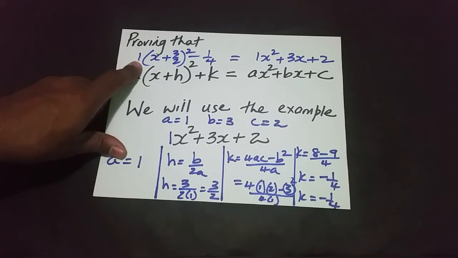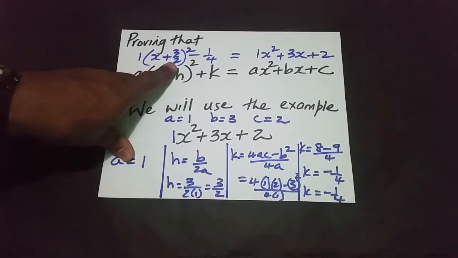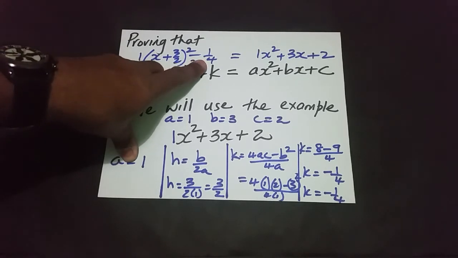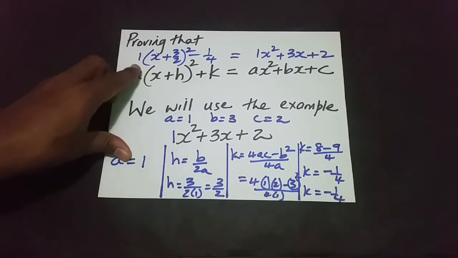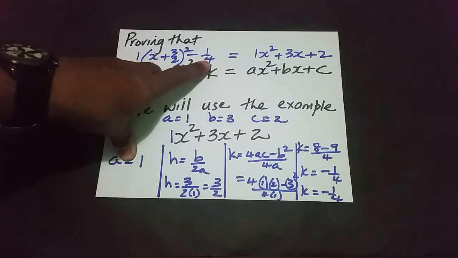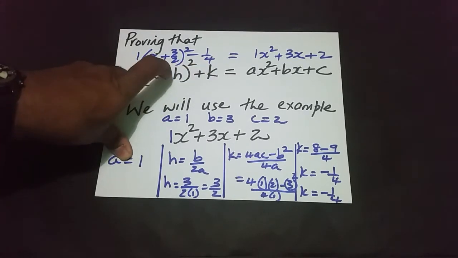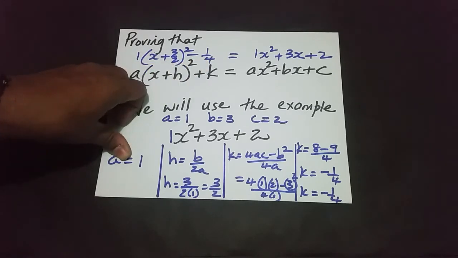It tells us whether the parabola is a smile or a frown. H, the negative of that, x equals the negative of that, is going to give us the equation of the line of symmetry. And K is going to be minimum or maximum dependent on whether or not A is positive. If A is positive, that's a smile, so K would be a minimum. And if A is negative, then you would have a frown, and then K would be a maximum.